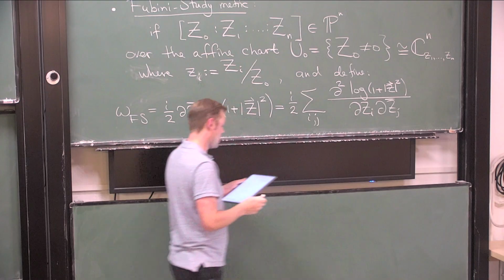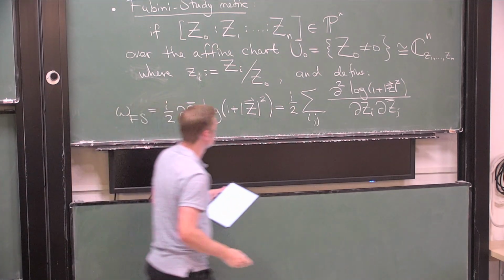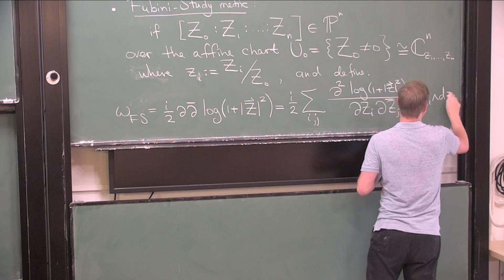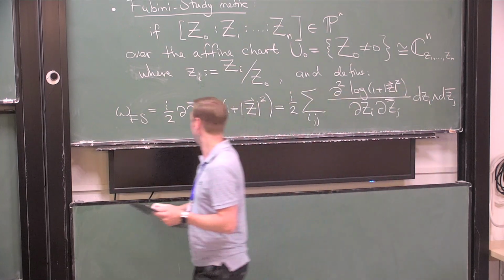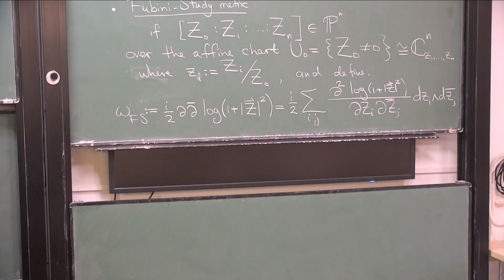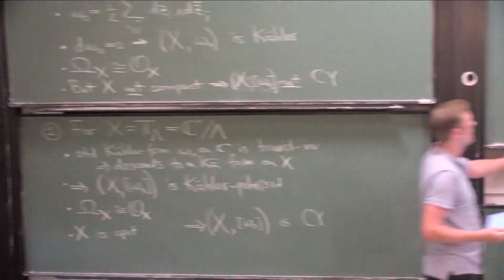I'm differentiating this with respect to dzi and dz bar j. And this gives me a 1-1 form. So this is the definition, a very explicit definition of the Fubini-Study metric in this chart.